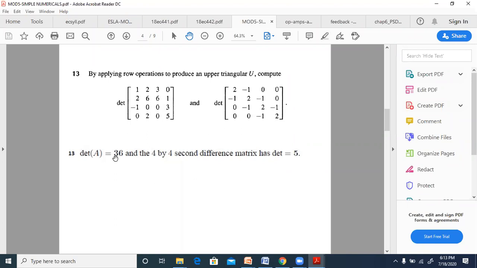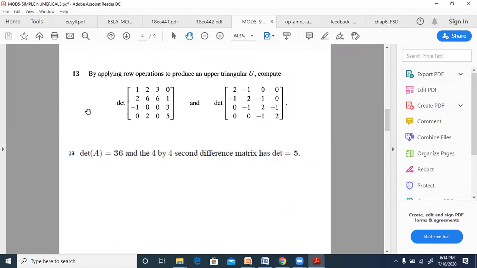So the first determinant will be 36. The second determinant, the second difference matrix, I don't know why he has put difference here. The determinant will become 5, because if you multiply the pivots after making these zeros, that will become 5.